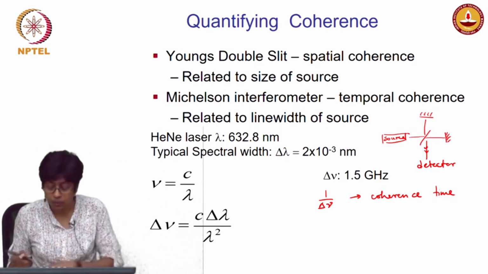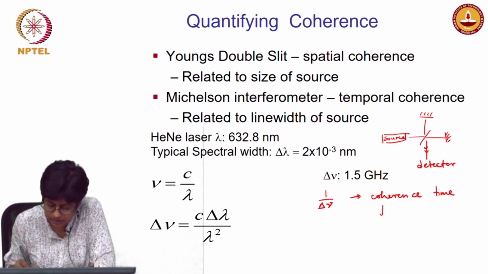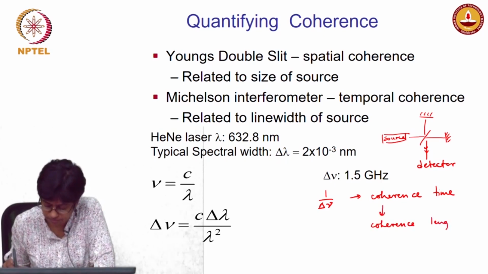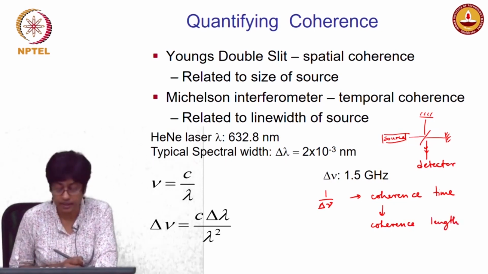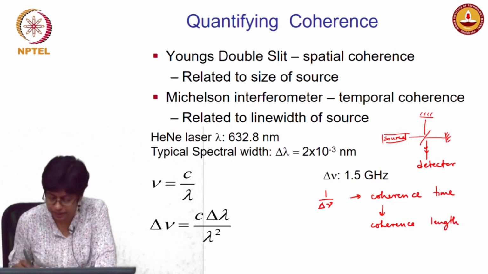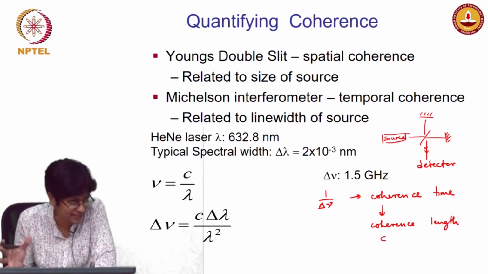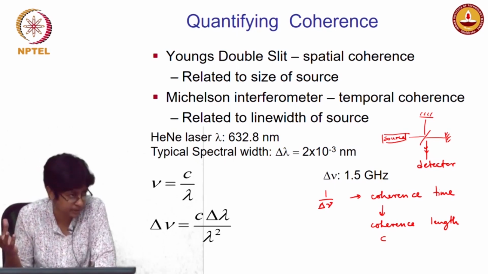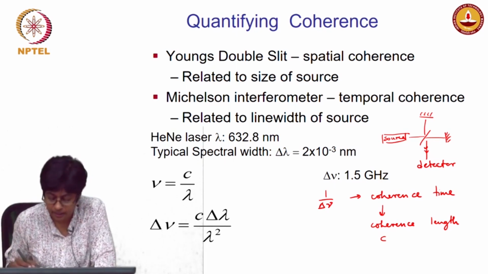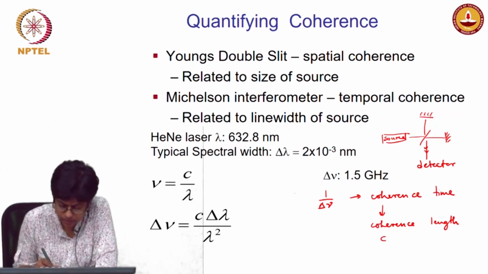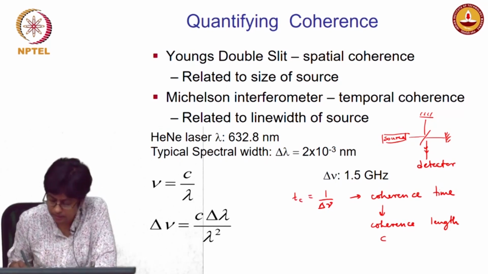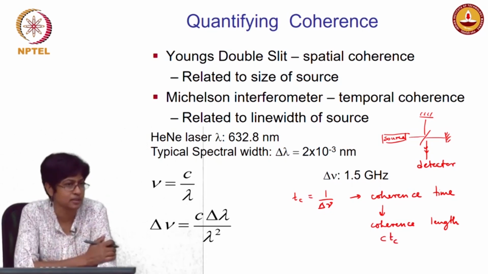So I can always relate this coherence time to a coherence length. What will that relationship be? It's going to be nothing but the velocity with which the light is traveling, and in this case we assume it's air. It could be some other medium, but if we say it's air, and let's say coherence time is Tc, then the coherence length is nothing but c Tc.